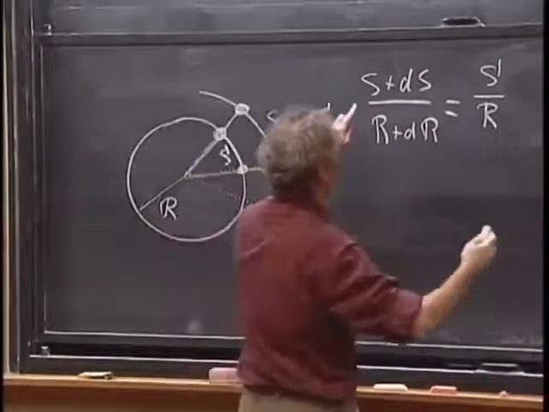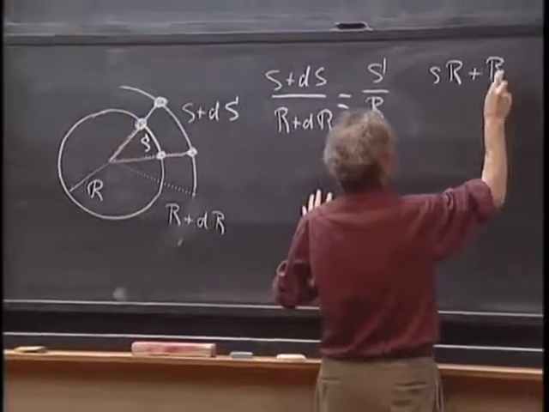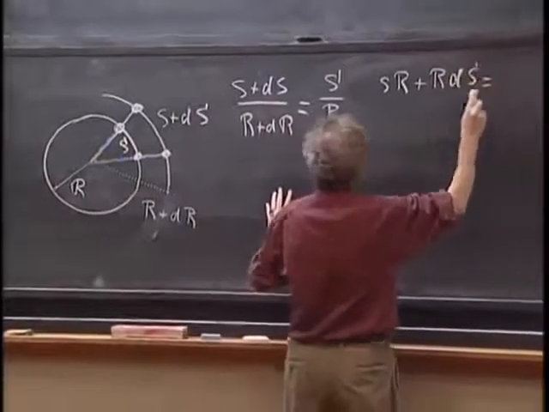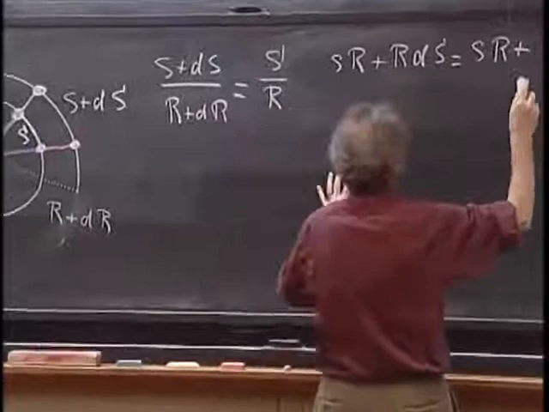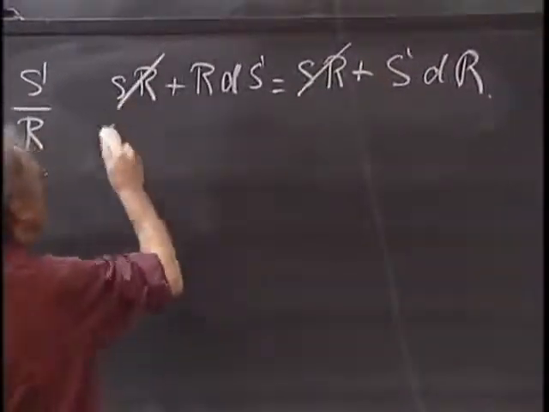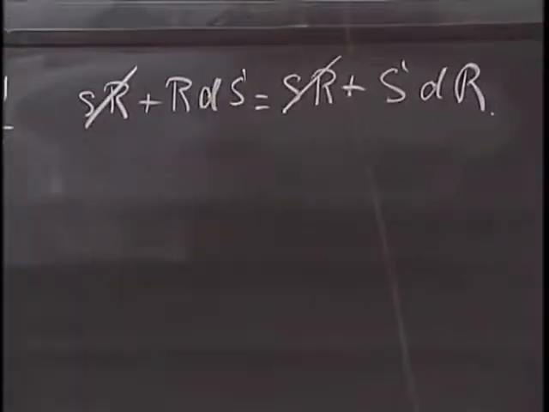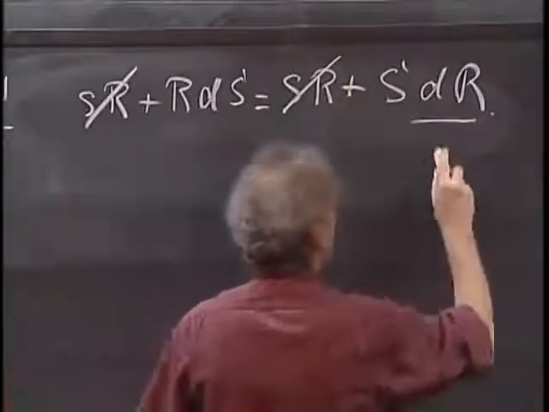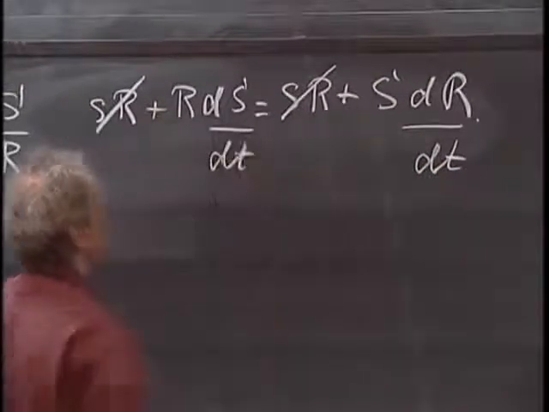And so I can work that out, so I get sr plus r ds is sr plus s dr. Now I can look at the evolution in time, so I can give that radial expansion certain value, so I divide by dt.